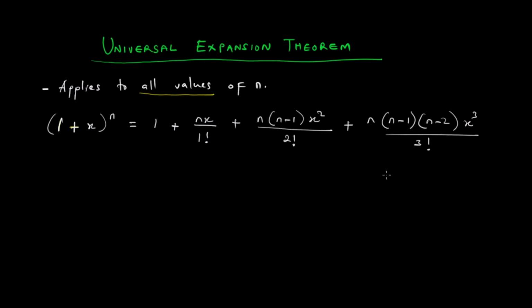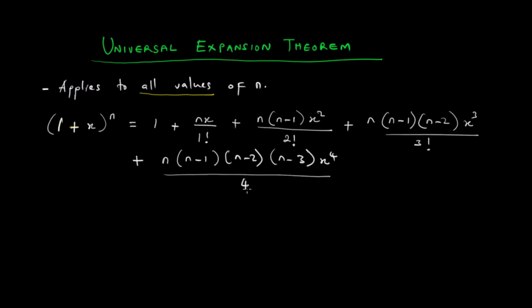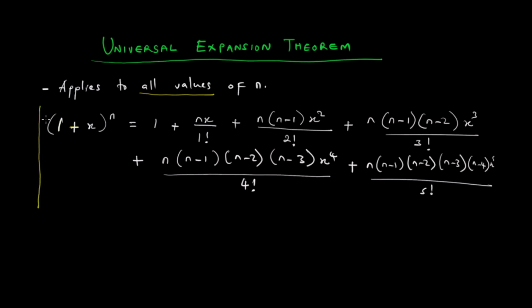Write it down, then pause to try it. So the next term here is n times (n minus 1), (n minus 2), (n minus 3), x to the 4 over 4 factorial. Then plus n times (n minus 1), (n minus 2), (n minus 3), (n minus 4), then x to the power 5 over 5 factorial. This is the universal expansion theorem.